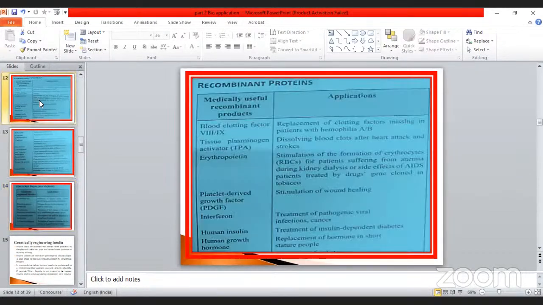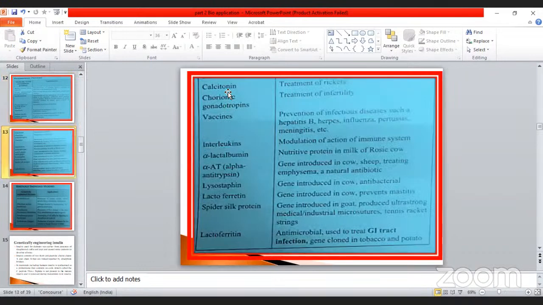Okay, so the things are the blood clotting factors 8 and 9, tissue plasminogen activator, TPA, erythropoietin, platelet derived growth factor, and interferons, human insulin, human growth hormone, and calcitonin, chorionic gonadotrophin, vaccines, interleukins, alpha-lactalbumin, alpha-antitrypsin, lactostatin, lactoferrin, spider silk protein.